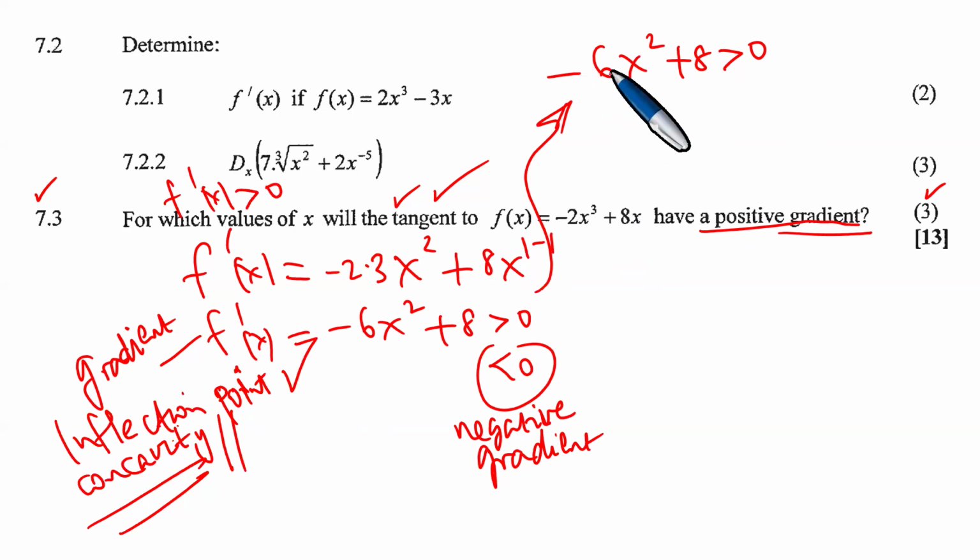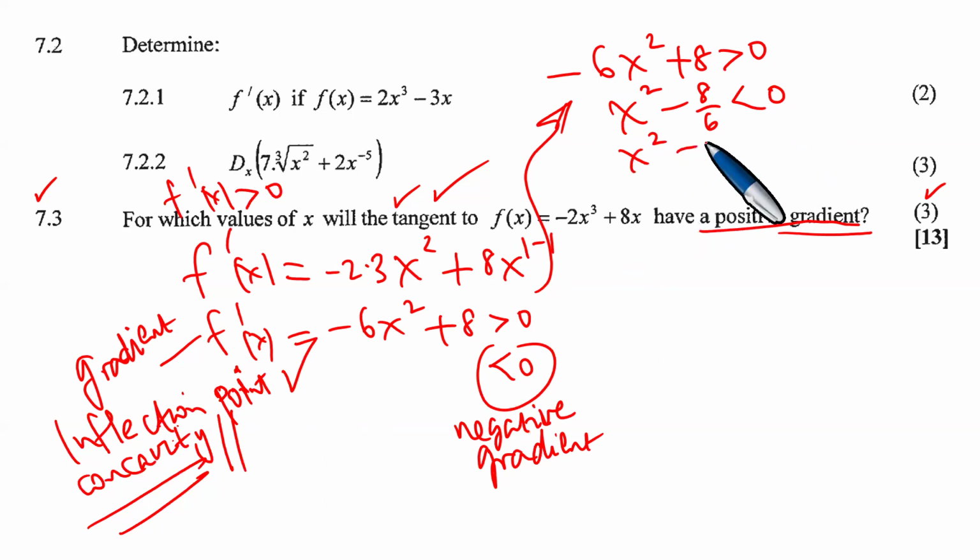Now we're here. I want to solve for x here. So here you can divide through by -6, getting x squared minus 8 over 6 is going to be less than 0. Dividing by a negative number, the inequality changes direction.